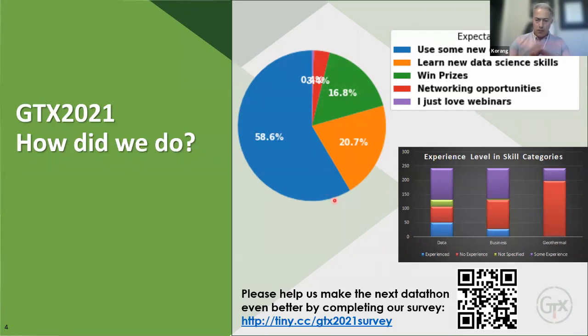So just for a quick minute, I wanted to go over how we actually delivered on those expectations in this competition. The details will be provided by my colleagues going through these slides. To use some new data science tools, you've been provided with a digital hub data science platform, which is based on open source tools and technology.